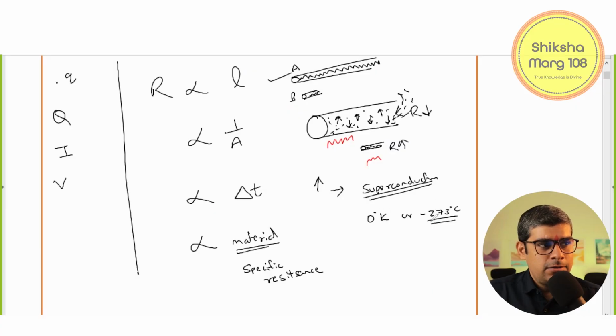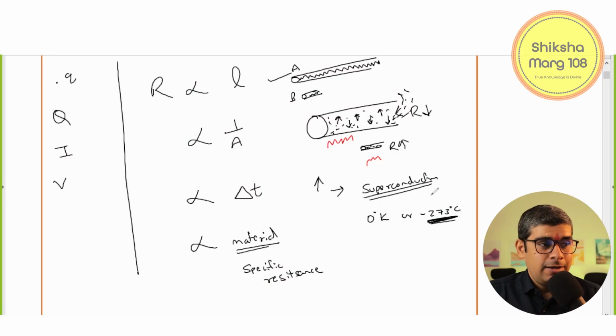To understand how low this temperature is, our Earth has experienced a natural lowest temperature of minus 80 degrees or something around that. So minus 273 degrees Celsius is way too low.